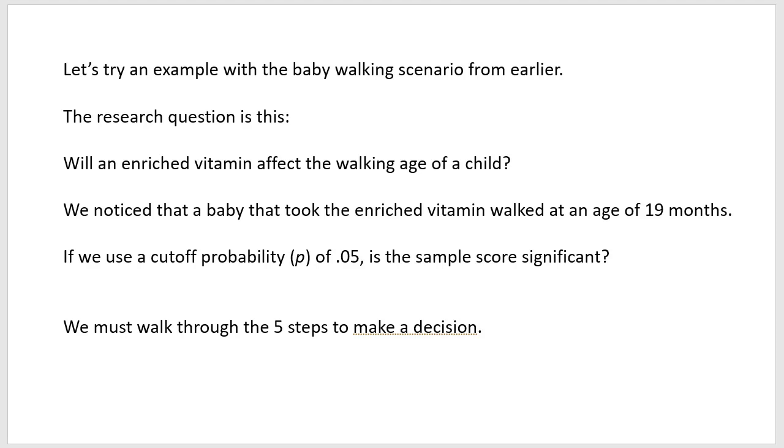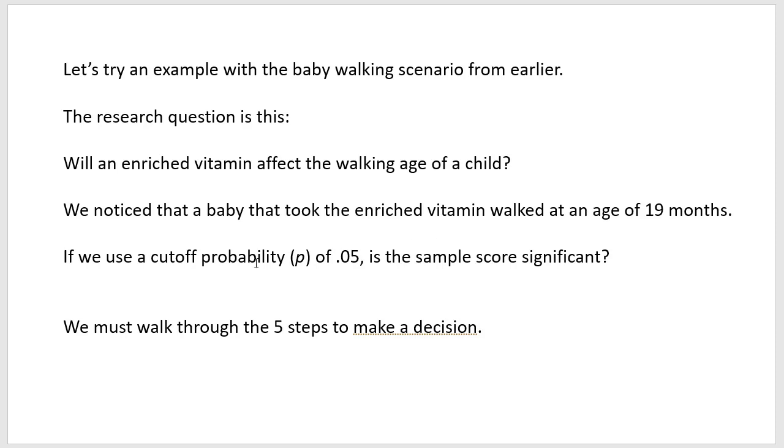That is language that indicates a two-tailed test, which means that we are going to set up our hypothesis to include the possibility that the baby will walk at an age greater than a certain cutoff and less than a certain cutoff, just in case either is true. Let's say that we noticed that a baby took the enriched vitamin and walked at an age of 19 months.